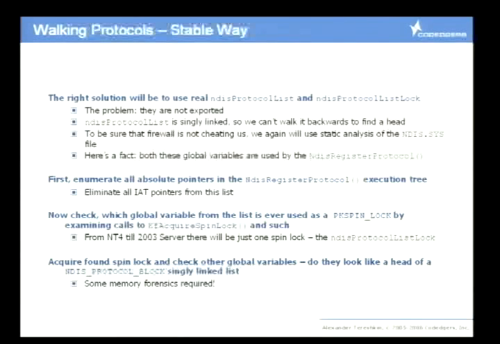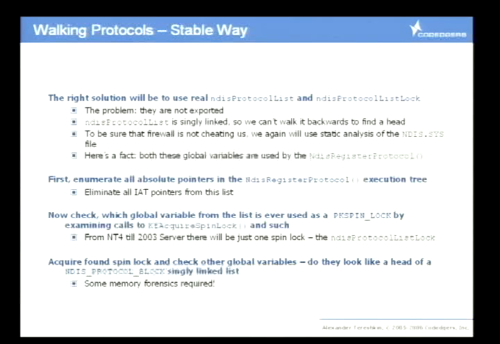We will check every found global variable to see whether it is some kind of a pointer to a spin lock, by examining the calls to the KeAcquireSpinLock function. And actually, there exists just one variable which is used as a spin lock pointer, and this variable will be our needed spin lock which protects the list of protocols, called ndisProtocolListLock.